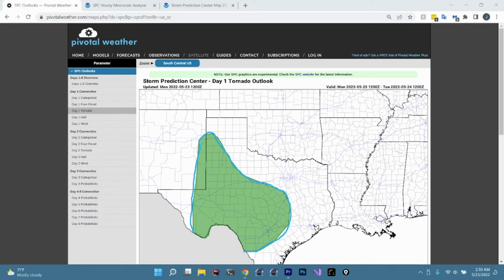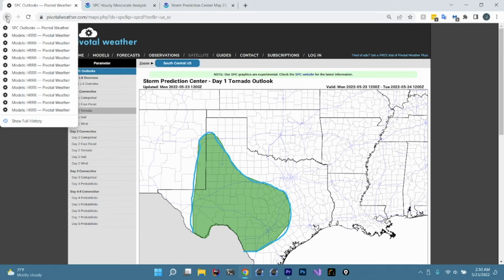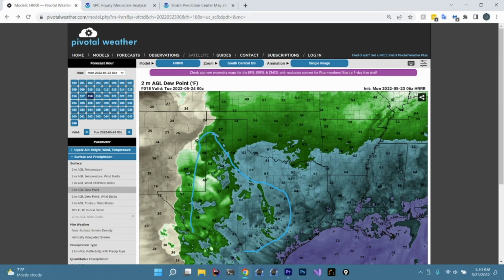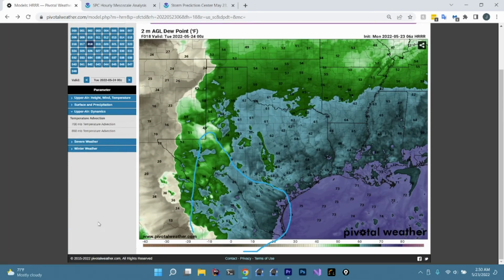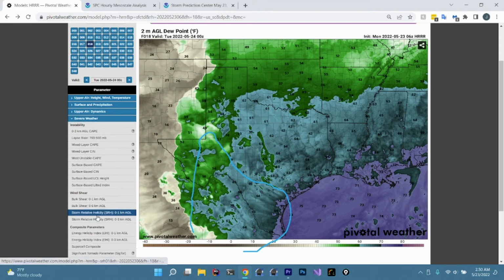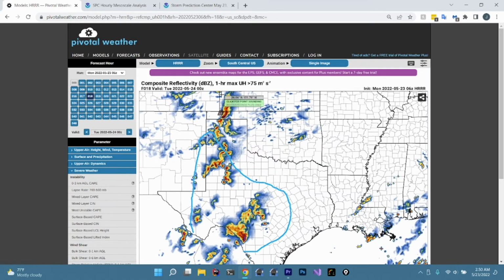Now let's go back and look at our forecast models. Notice that this is kind of where the best moisture is. Let's look at our reflectivity. Notice this stuff up here is outside that 2% risk. All of this stuff is in the 2% risk, and that's just because of the moisture content.